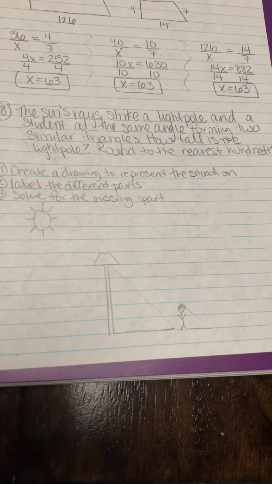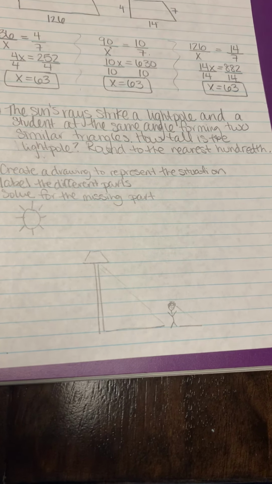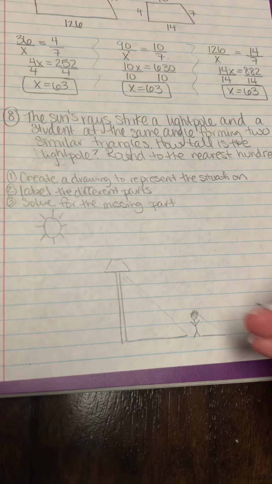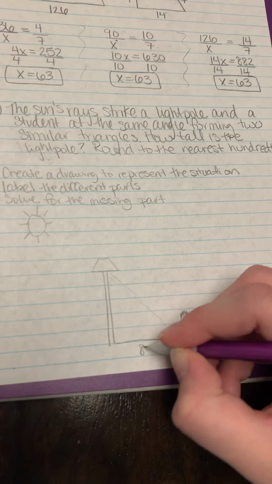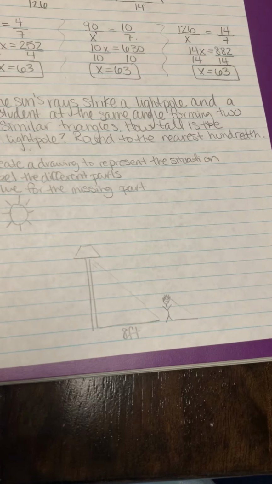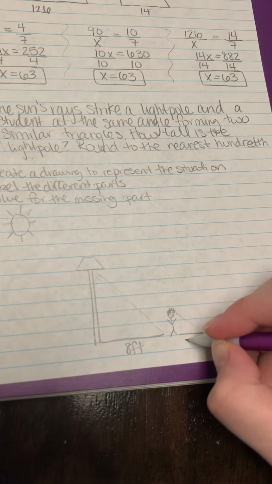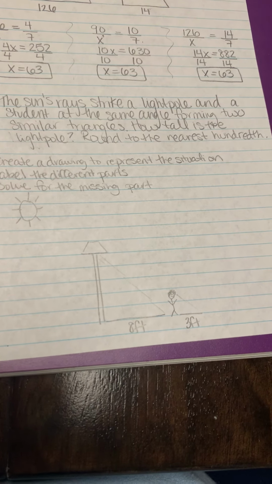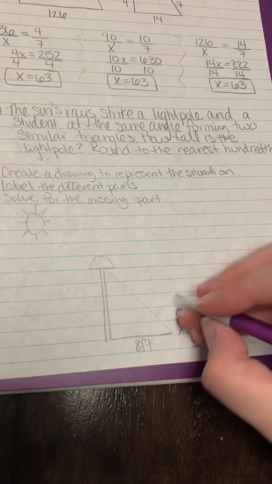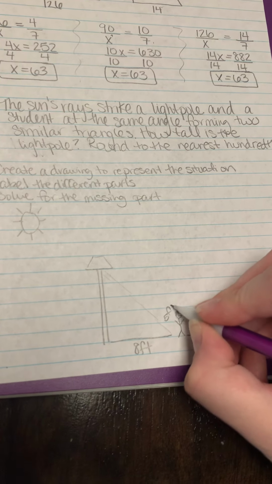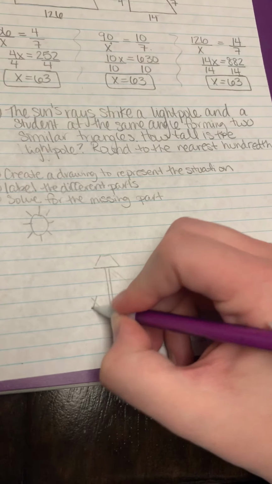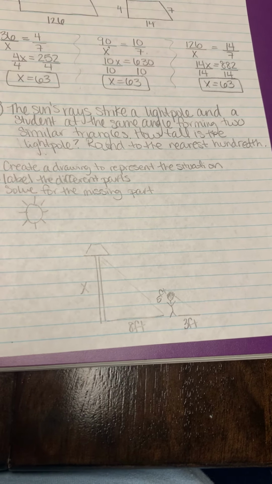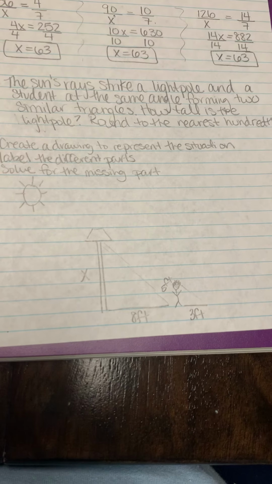Okay, so with this information, I'm going to tell you that the shadow of the light pole is 8 feet and the shadow of the student is 3 feet. And then I'm going to tell you that the student is 5 feet tall, and we do not know how tall the light pole is. Okay, so we're going to set up a proportion and solve.